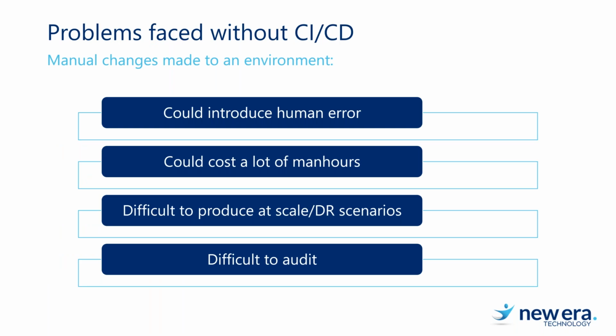So let's look at some of the problems that are faced without having CI/CD. And it really comes down to manual changes being made to an environment, or non-automated. These problems, first and foremost, start with the introduction of human error. And it's inevitable that human error will be introduced, especially when you talk about performing tasks that need to be performed many times in many places.